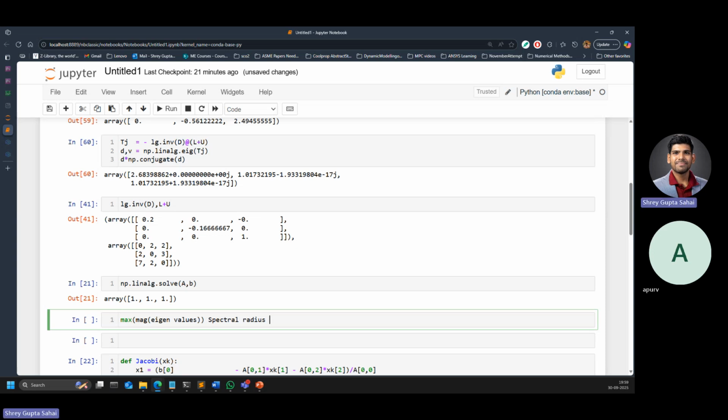Let me just quickly check what it is called. Yeah, spectral radius of convergence. Okay, maybe you can read about it a little bit, and maybe next time we can discuss it. We can continue our discussion on the slides.